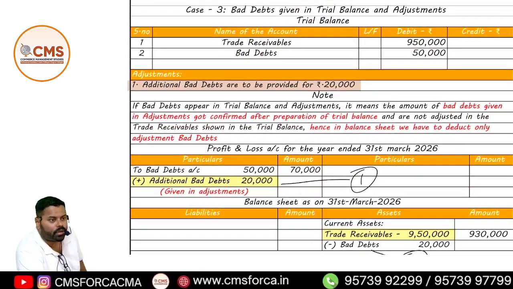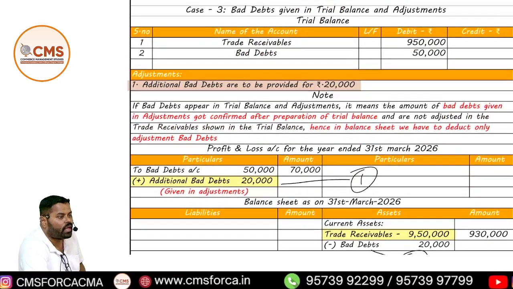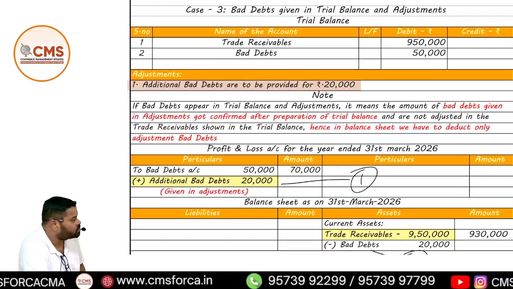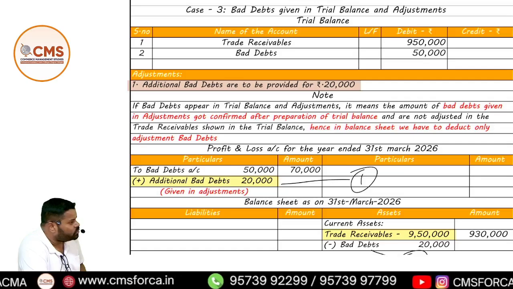This scenario is important. Bad debts before trial balance, bad debts after trial balance. Okay. Now I hope these three are clear.